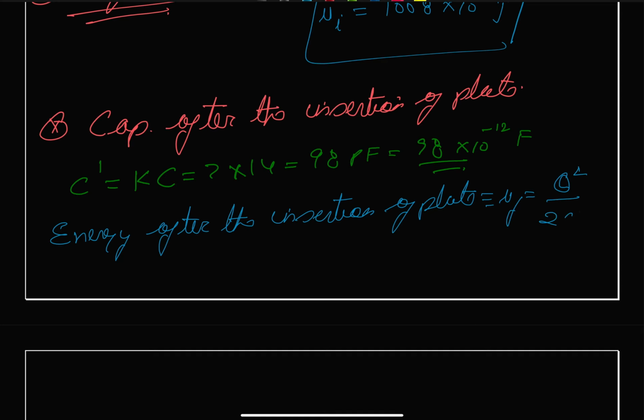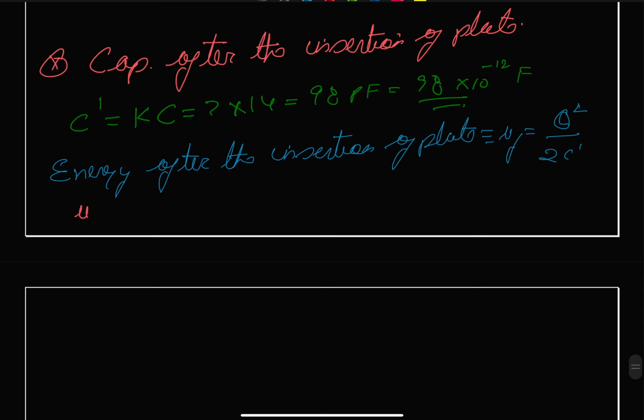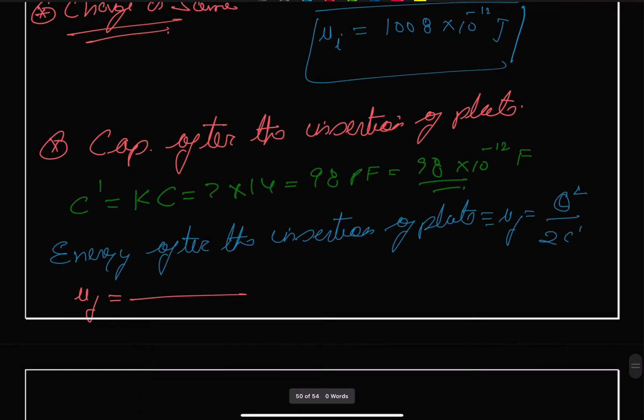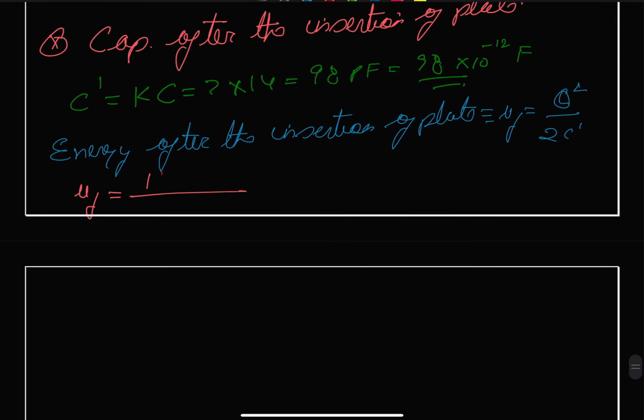So we get our U F, charge is the same, and charge is our 168 into 10 to the power minus 12 whole square, divided by 2 multiplied by C prime, which is our 98 into 10 to the power minus 12. So we get this energy will be equal to 144 into 10 to the power minus 12 joules.